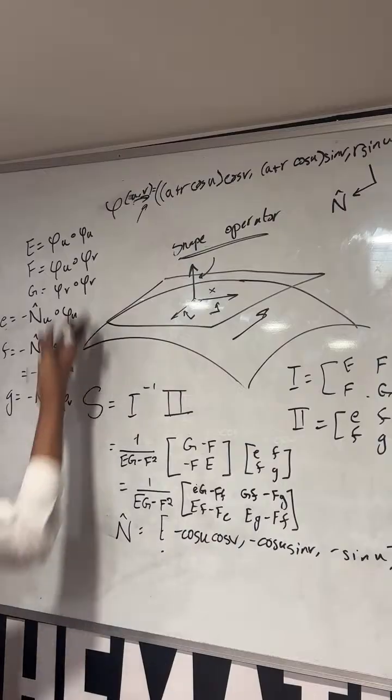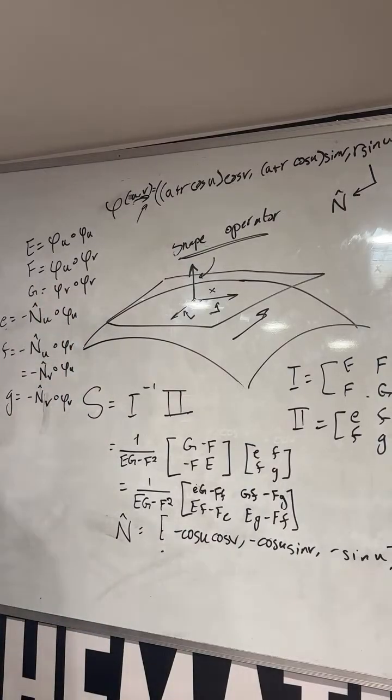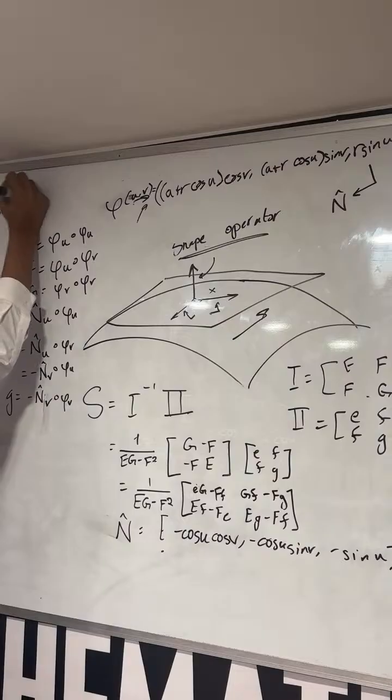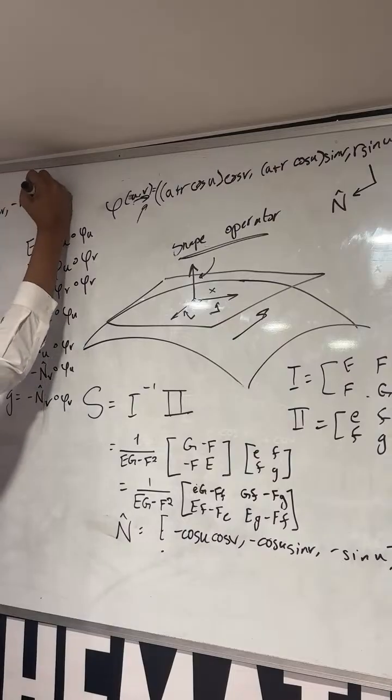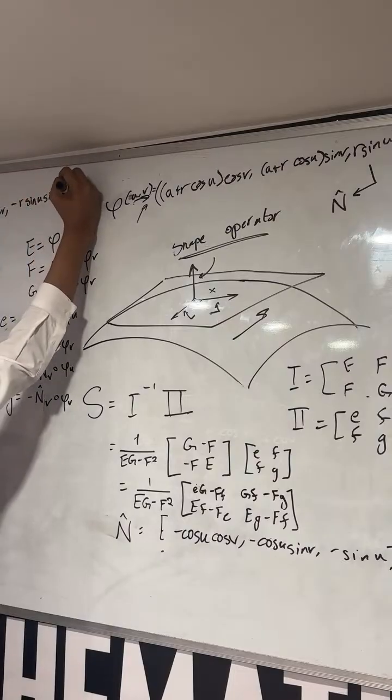So now, let's calculate each of these. First of all, we have to rewrite phi u and phi v again. So phi u is what? Minus r sine u cos v, minus r sine u sine v, r cos u.